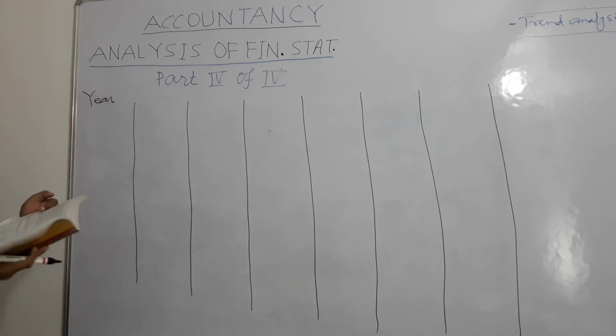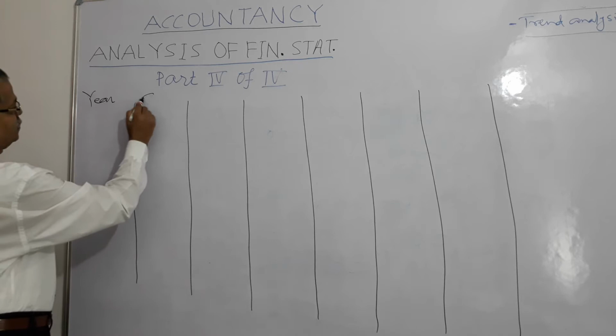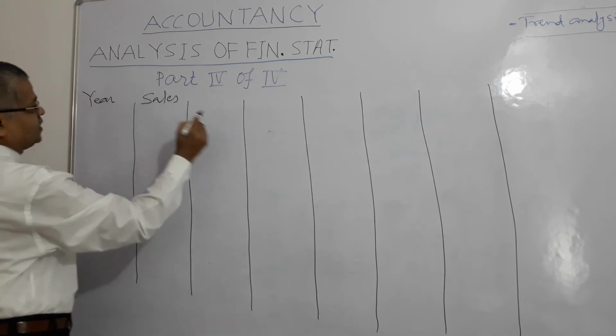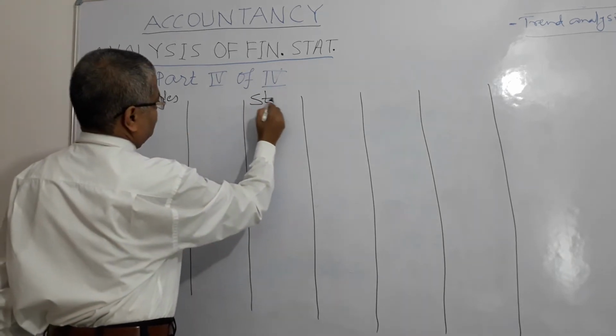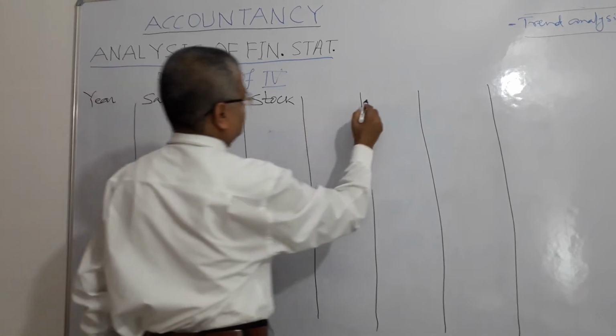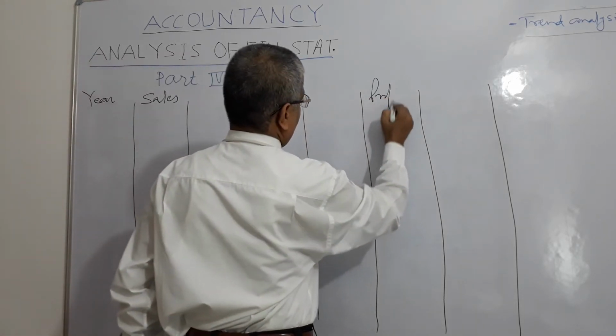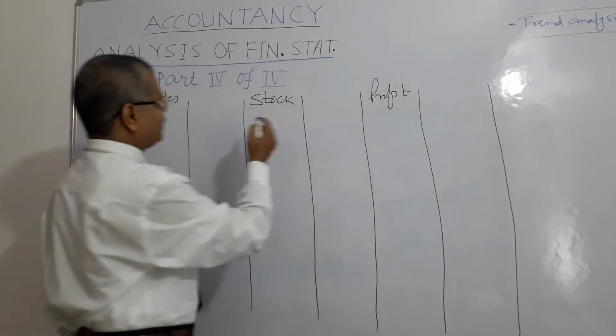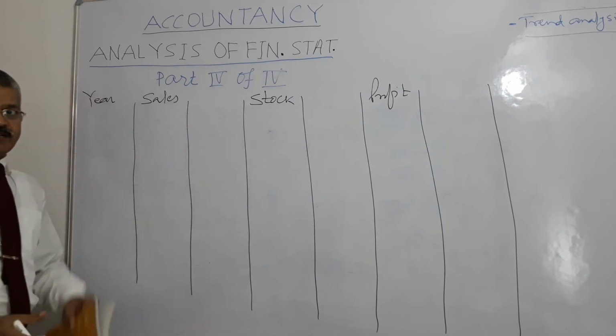Then let us see what the particulars are. Year, sales, stock, profit. Sales, stock, profit. I have left one column each for the percentages.